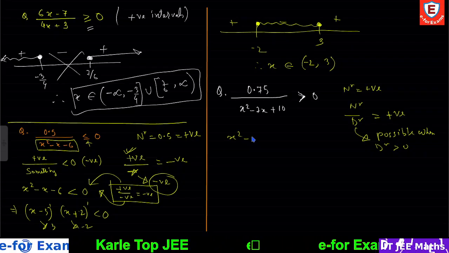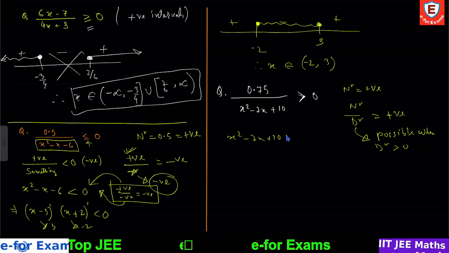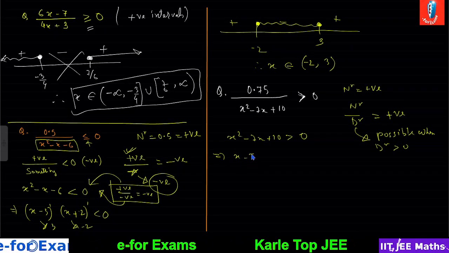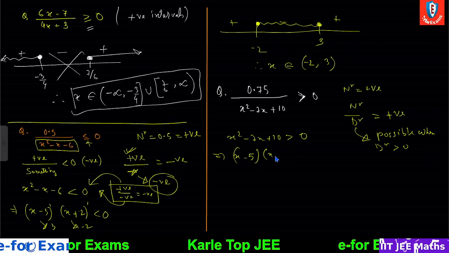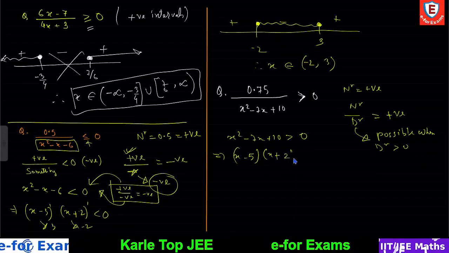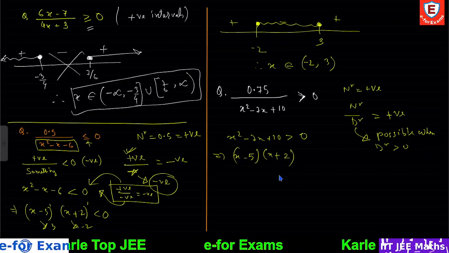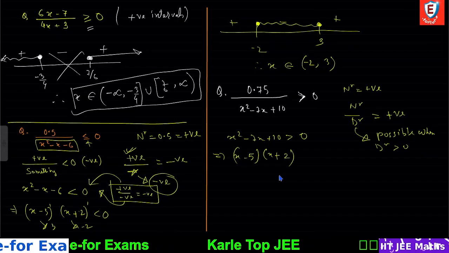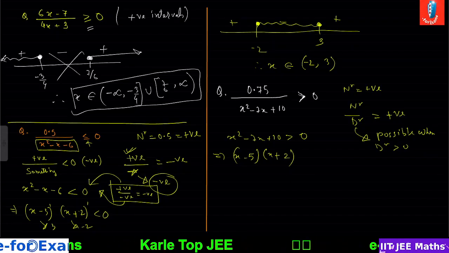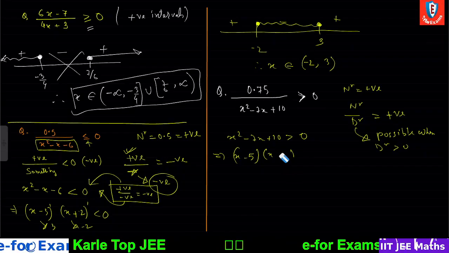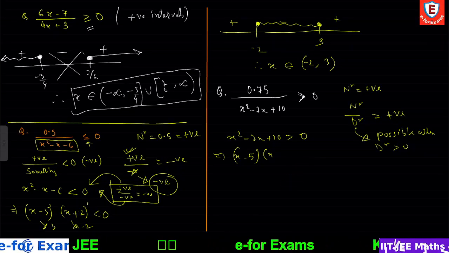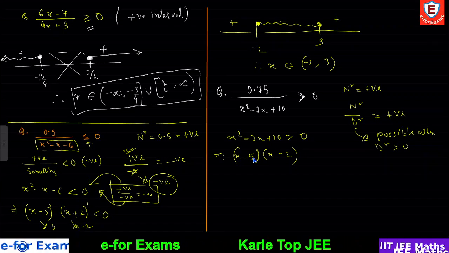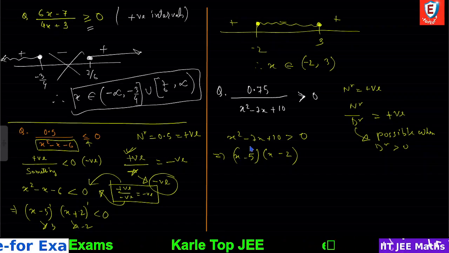Now x square minus 7x plus 10 greater than 0. This implies x minus 5 all into x plus 2. 2 fives are 10, 5 plus 2 is 7, it should be minus 2.